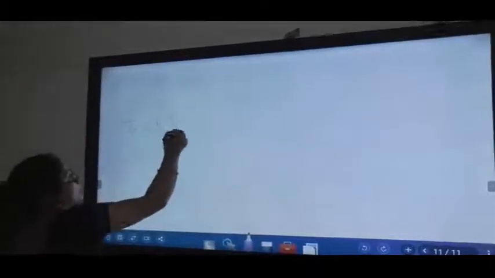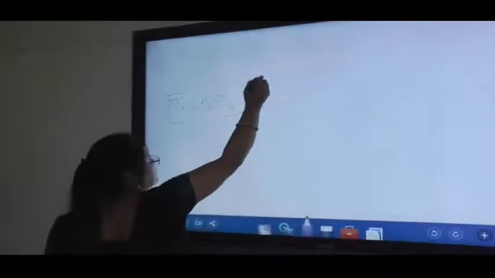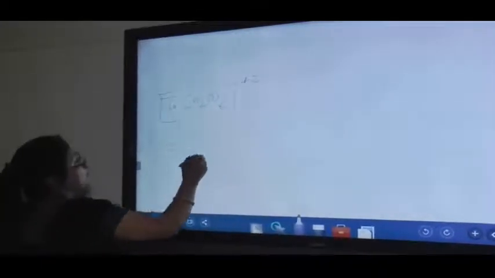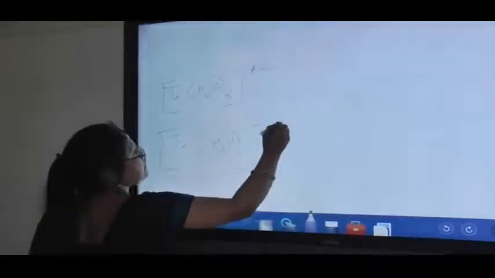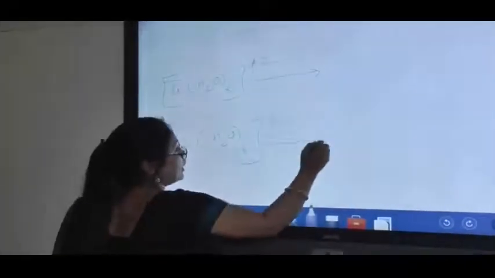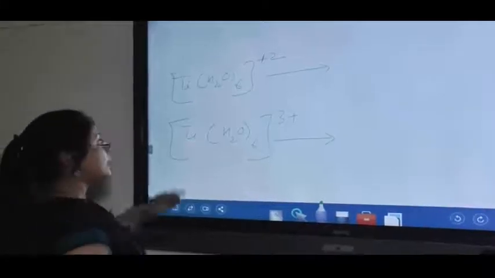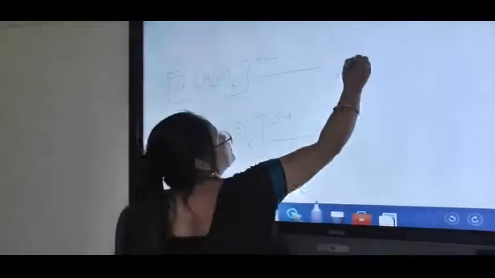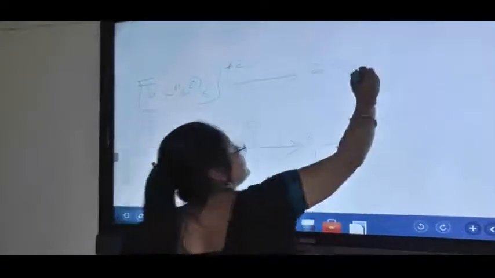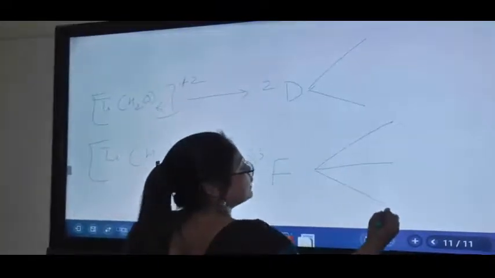So, this suggests that the same titanium, when it forms an aqua complex in +2 and in +3, both are capable of splitting. This gives us the term 2D, this gives us the term 3F. In an octahedral field, all of them split.